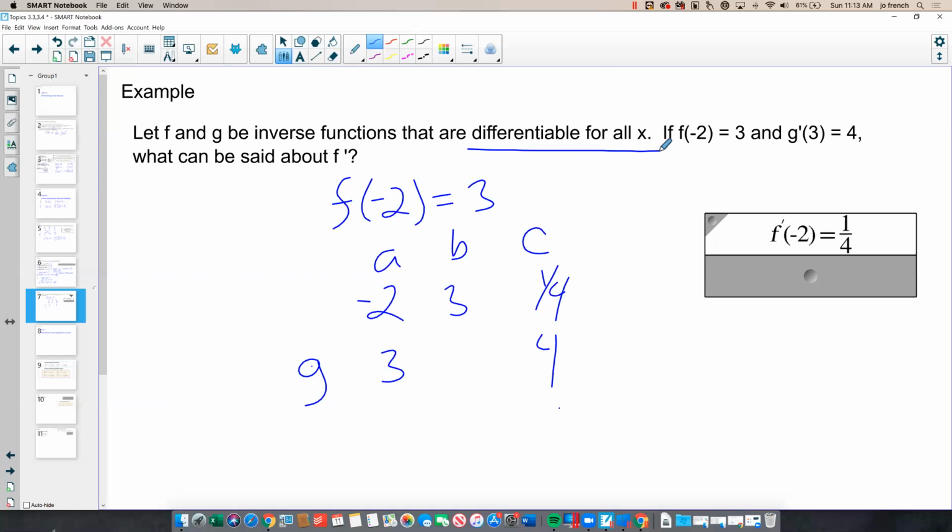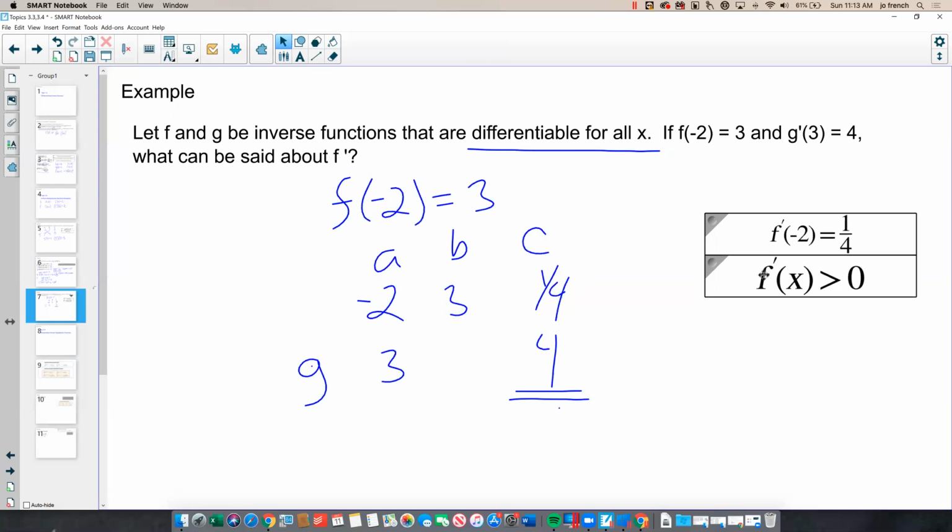And since we know that at one point our derivative is positive, or our graph is going up, then the graph must be going up for every value of x, which tells me that the derivative, if I take the reciprocal, it's not going to change sign. And our derivative of our original function f must also be positive for all x.